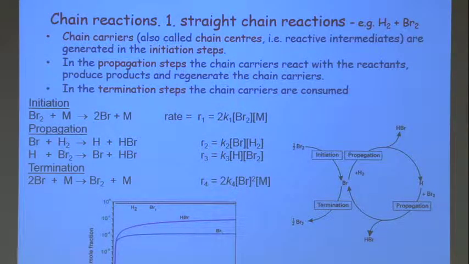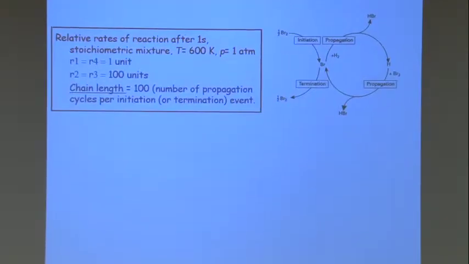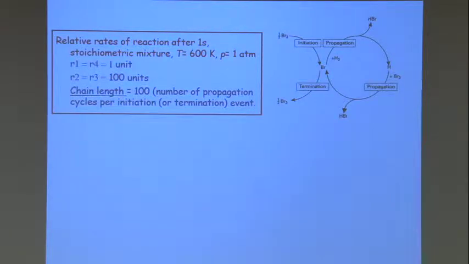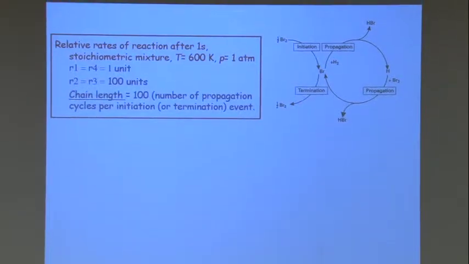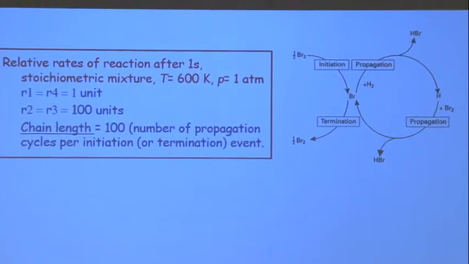And this is a calculation of the concentrations under conditions of 600K, 1 atmosphere pressure, and equal concentrations of hydrogen and bromine. We want to understand the difference in these concentrations here. So let's have a look at the relative rates after a second of reaction. So 600K, 1 atmosphere, R1 and R4, initiation and termination, they both have a rate of 1 unit.